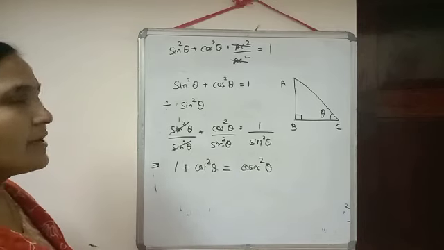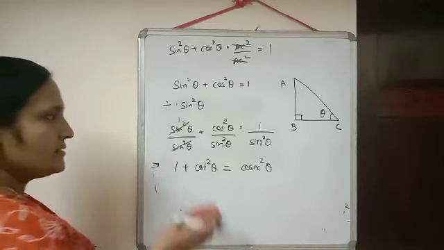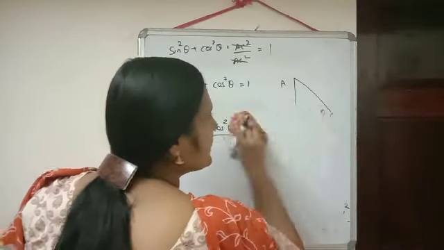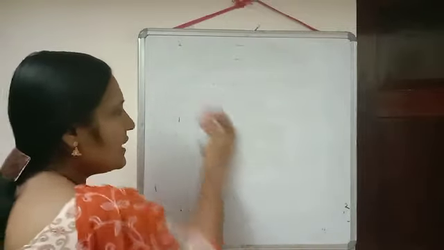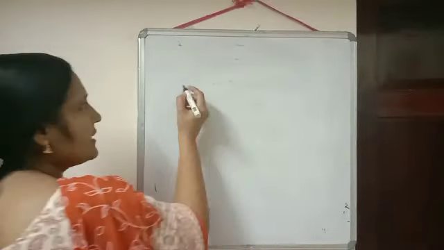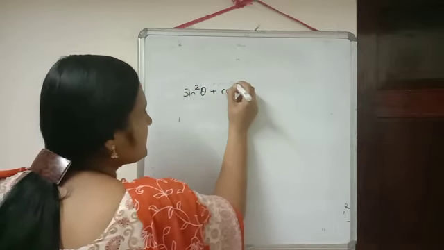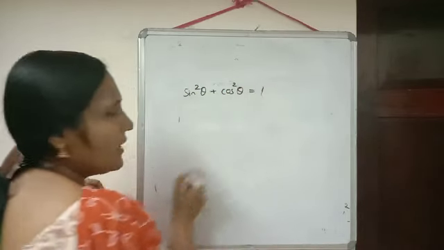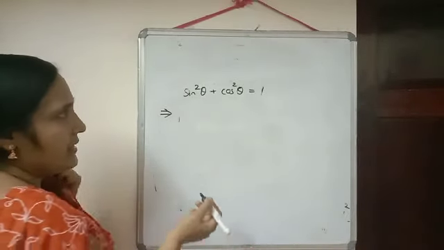So in this way we got the proof of all three trigonometric identities. Once again I am going to write the identities. The first identity is sin square theta plus cos square theta is equal to 1. Now what can we rewrite from here?